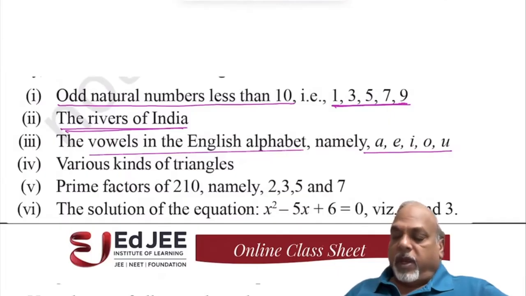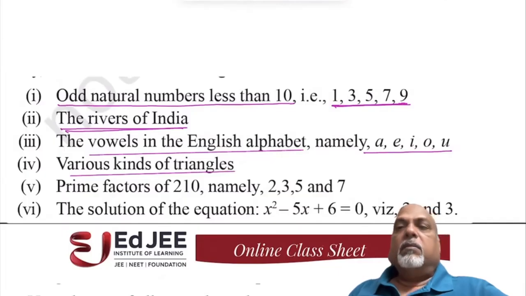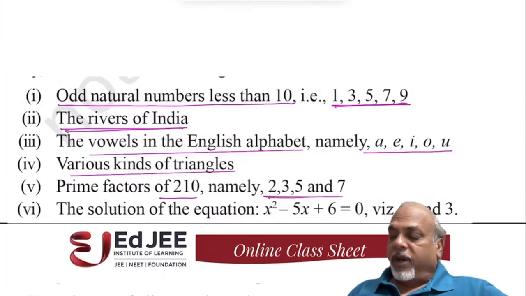So this can also be various kinds of triangles. Then prime factors of 210, these are the prime factors of 210. No other prime factor can be there. So they are also a particular kind of collection, or you can say the solution of this.